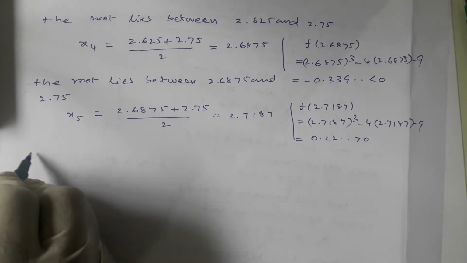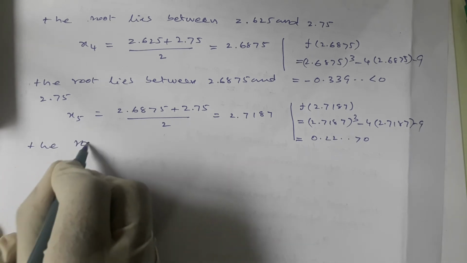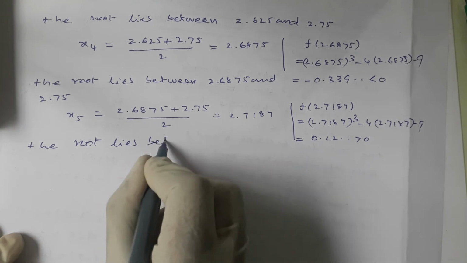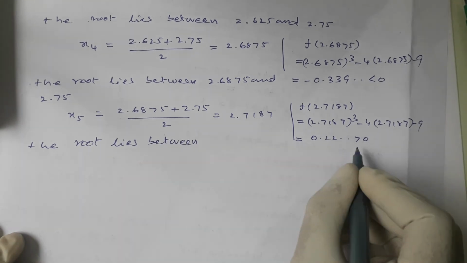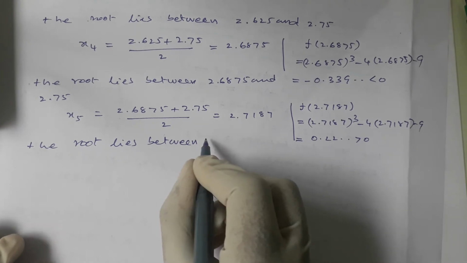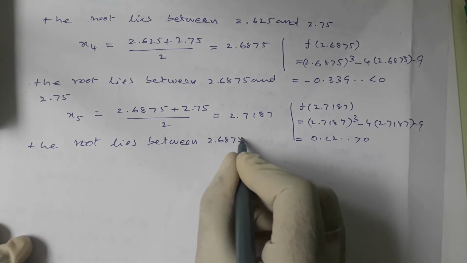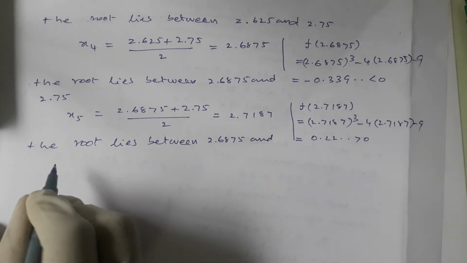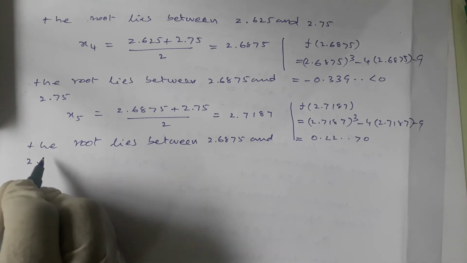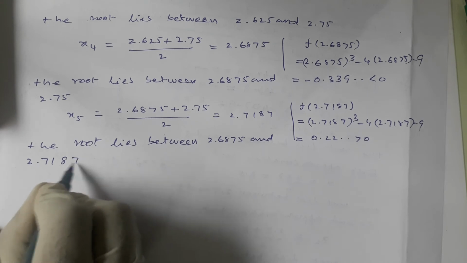So the root lies between, as it is greater than 0, this value and left side value, it is 2.6875 and 2.7187.